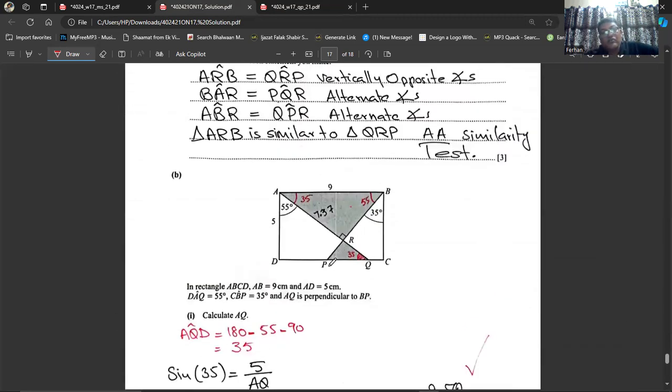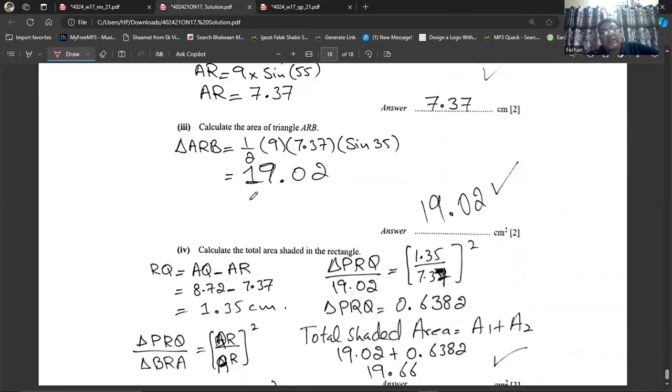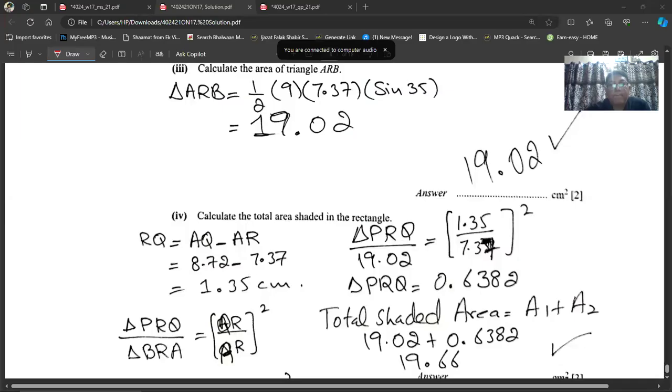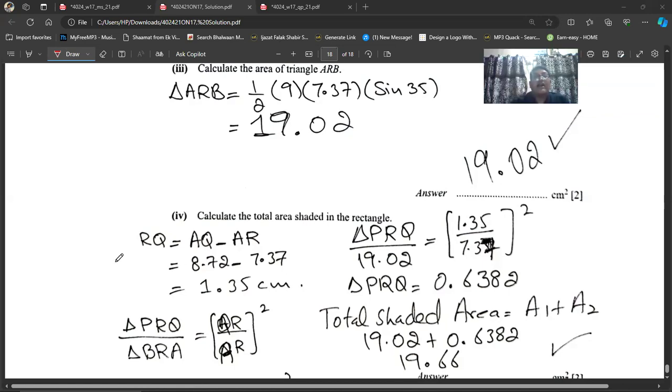From AQ subtract AR. So RQ will be equal to AQ minus AR. That will be 8.72 minus 7.37, which is 1.35. Due to the internet, there was some problem.